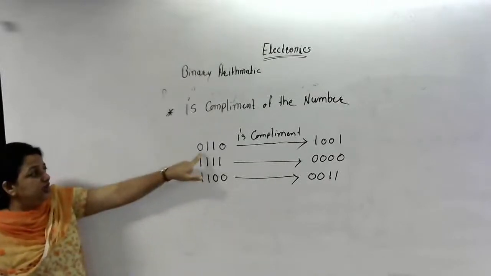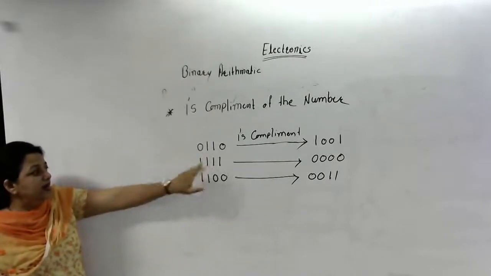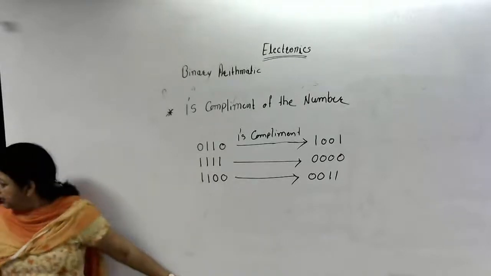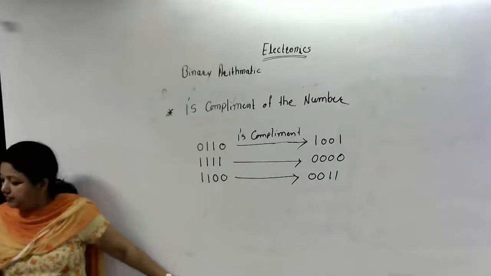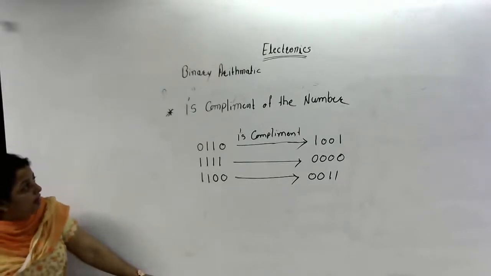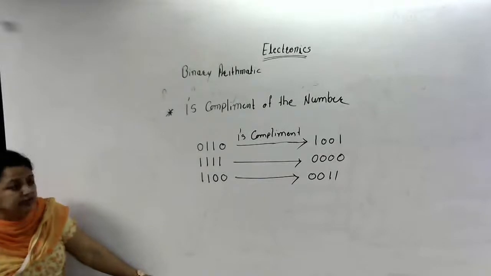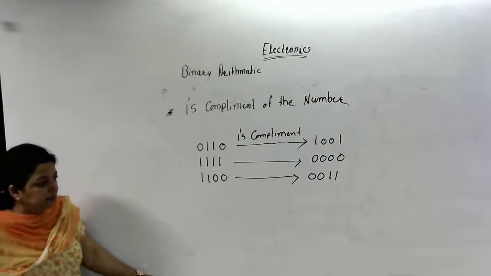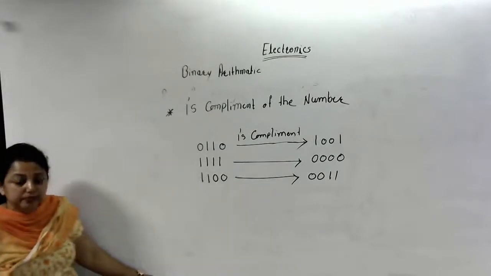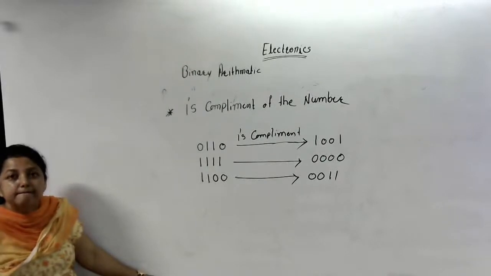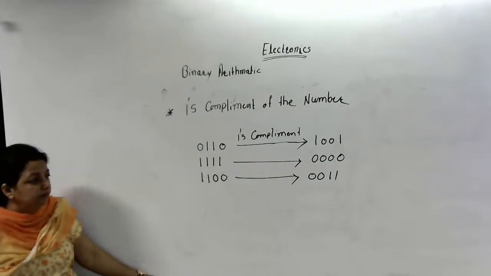We have to change 0 by 1 and 1 by 0 to find the ones complement of any number. Okay? Write down this one. Ones complement of the number and write all these examples. Means anytime you remember what is the ones complement of number. Okay?